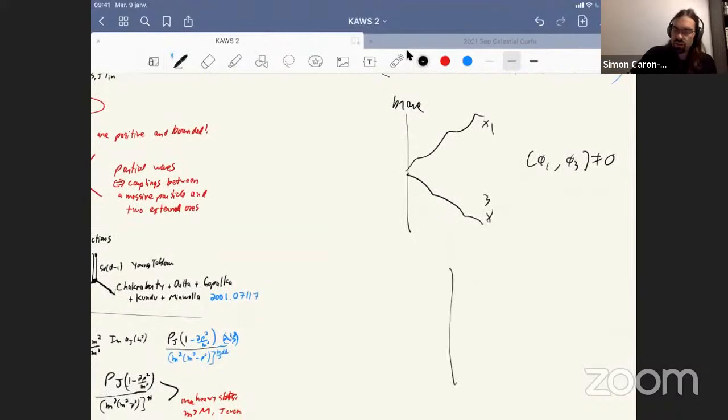But the things you can probably constrain are things like this, where you ask that there's no time advance, or the wave does not advance as you cross a brane. When you have reflection, I'm not sure what the actions are. Maybe they are nice actions, but I don't know them.